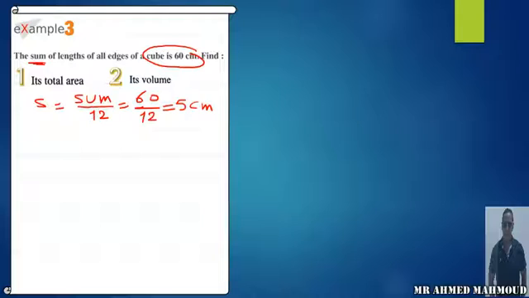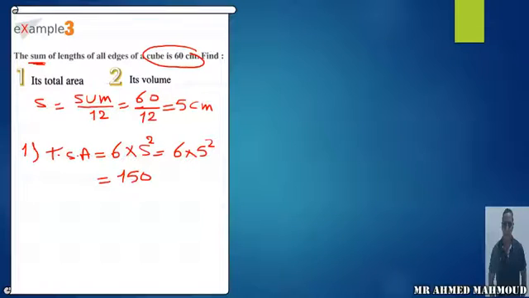Okay, this is the first step, and then I will find the total area, TSA, equals 6 times S to the power of 2, or 6 times 5 to the power of 2, equals 150 centimeter squared. Next, number 2, the volume equals S to the power of 3, or 5 to the power of 3, equals 125 centimeter cube.